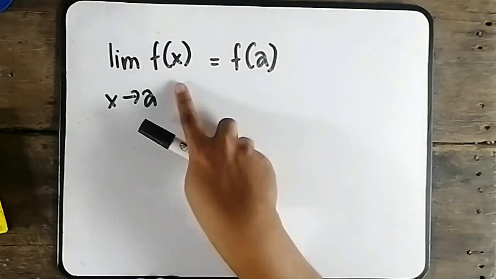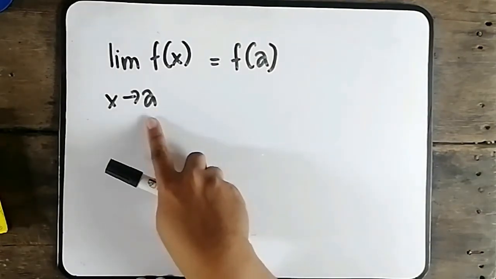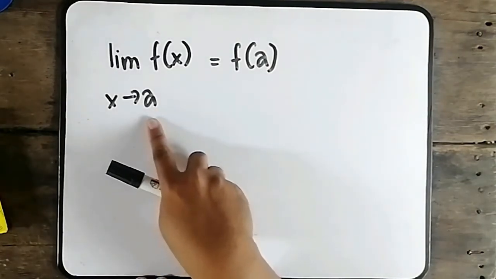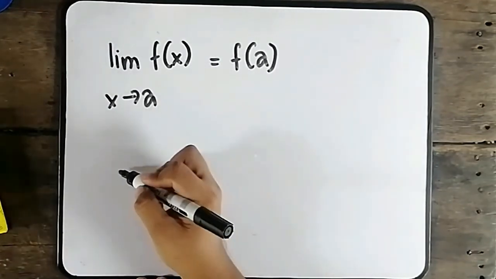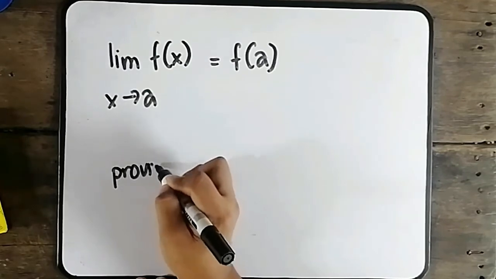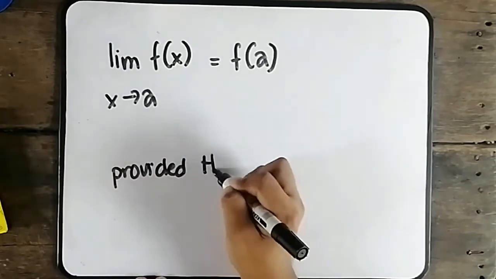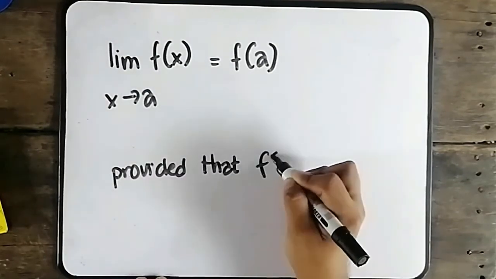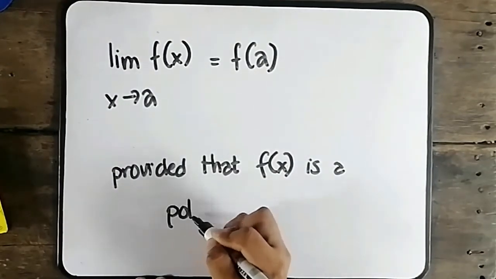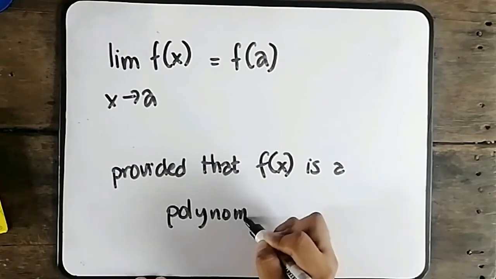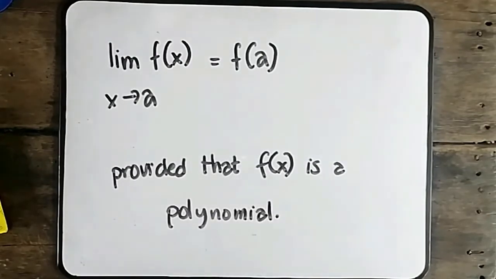Yung limit pala ng f of x as x approaches a, equal lang siya kapag in-evaluate natin yung function at a, provided that f of x is a polynomial. Okay? So kapag polynomial siya, sure na tayo agad na yung limit niya is actually equal to f of a.